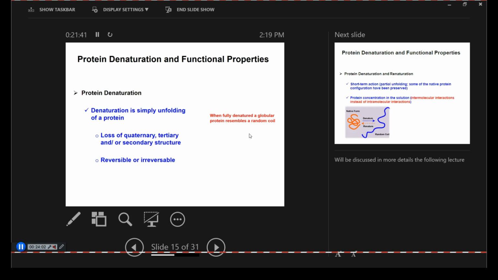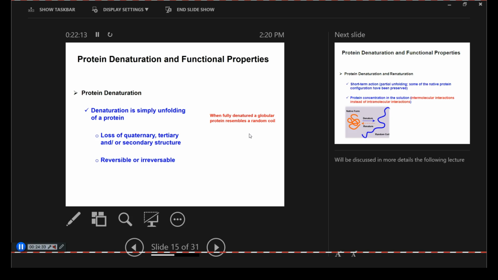Denaturation of a protein is when there is a loss of quaternary structure. Some proteins, like casein, are stabilized in a quaternary structure. Some soy protein is stabilized in a quaternary structure, so that you have multiple subunits linked together to form a certain quaternary structure that is stable. Anything that causes breakdown of that quaternary structure is considered denaturation.